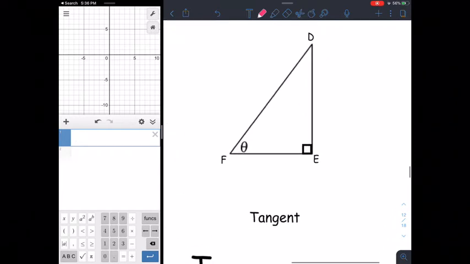In this case, my theta is down here at angle F. So my hypotenuse is still always opposite of my right angle. And if I look in reference to theta, then my adjacent is down here on FE, and my side opposite is DE.